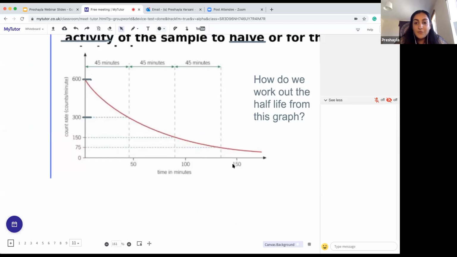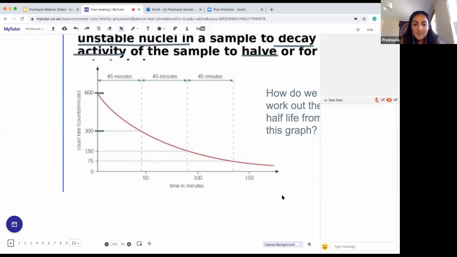Okay, so for the half-life of this specific substance that this graph has been created from, we want to take a certain count rate and halve it. So let's start with 600 and go to half of it, 300. What we want to know is how long it takes for the count rate to split in half, so from 600 to 300.